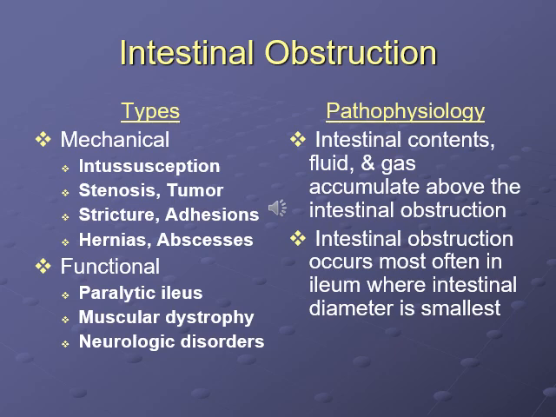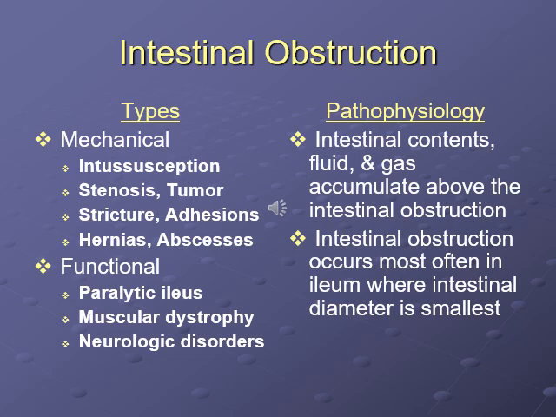A really common cause of bowel obstructions is where people have tumors or herniations that cause the area of obstruction. Another common cause is adhesions. Adhesions are scar tissue. If patients have had other abdominal surgeries, they might have a lot of scar tissue, which is causing that force on the intestine, that narrowing and obstruction.